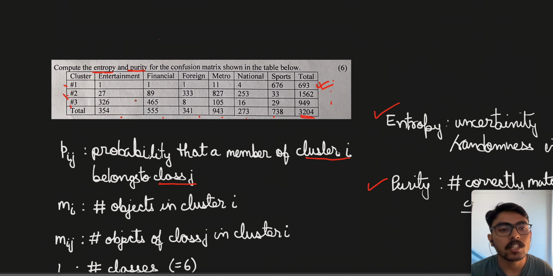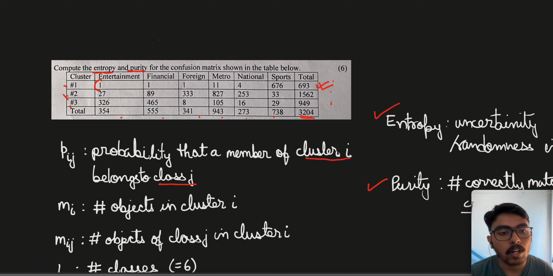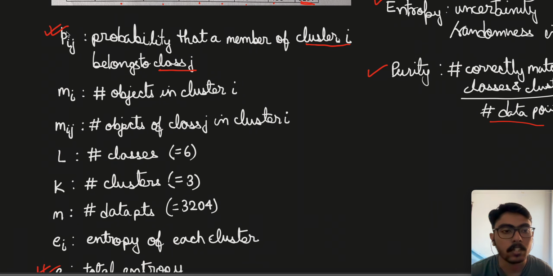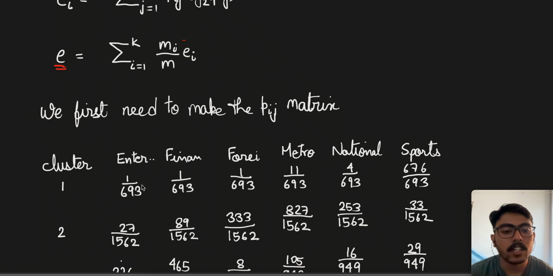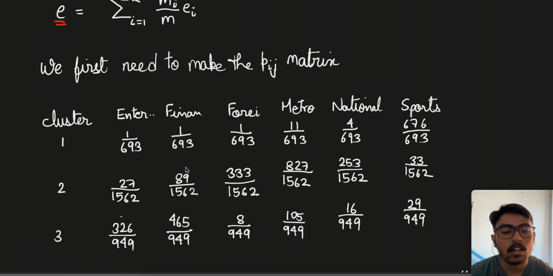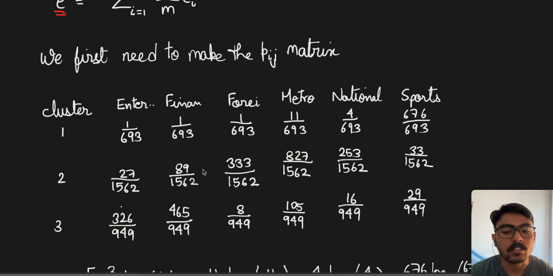You'll see that there is one data object of cluster 1 that belongs to class entertainment out of 693 elements of cluster 1. This is the probability talked about here. We will write similarly for all the values, just divided by the total, and similarly for cluster 2 and cluster 3.